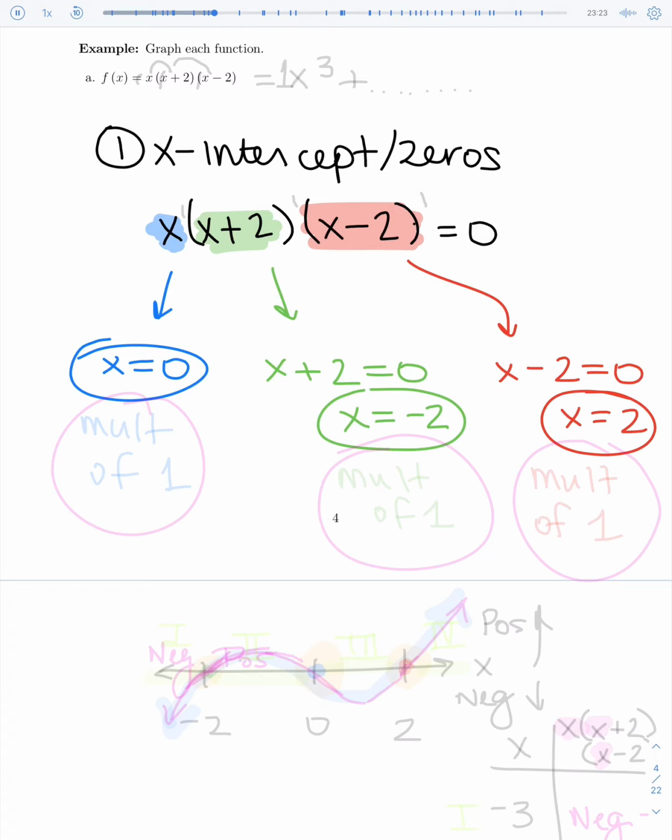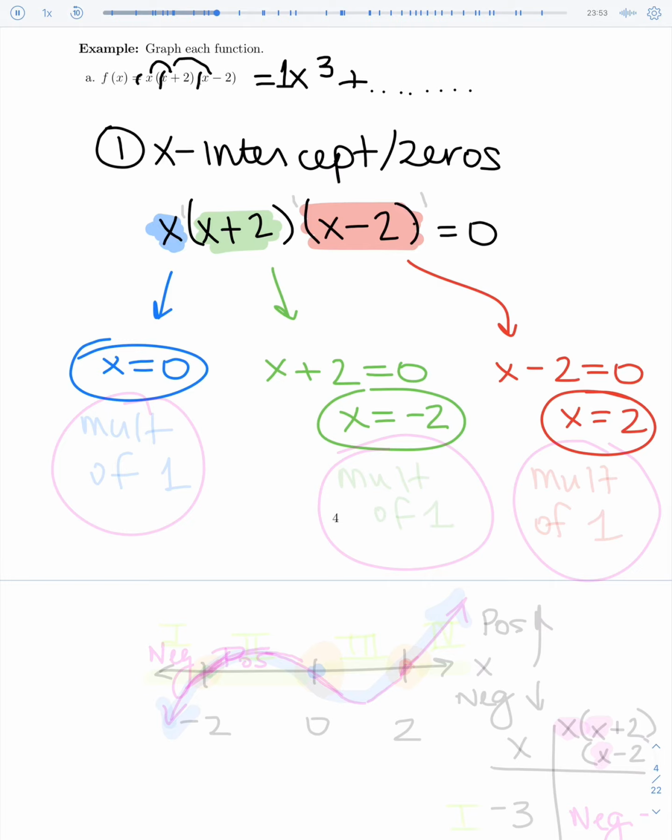And the reason why we're getting 3 zeros, if you go back up to the top, is that we have an x times an x times an x, which means our highest exponent is an x cubed. Now notice these are all 1x's. So when you multiply them together, you'll still have a 1x cubed. Don't really care about what the rest of the terms are if you were to FOIL everything out. So we're just going to stop there. But we do need to know what this first term is, and we will use this in a little bit.